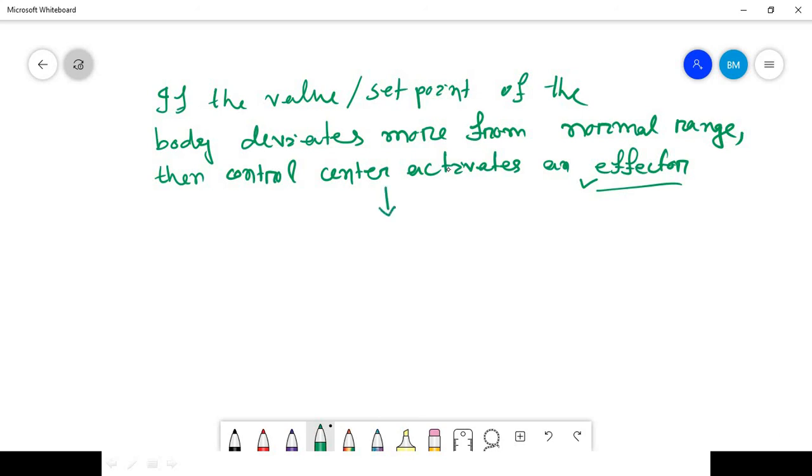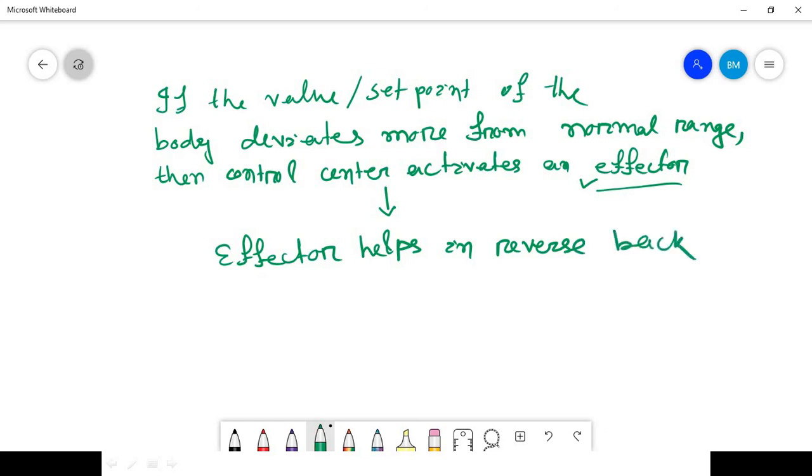Okay. Then the effector helps in reversing back to the set point from the deviation. Okay.